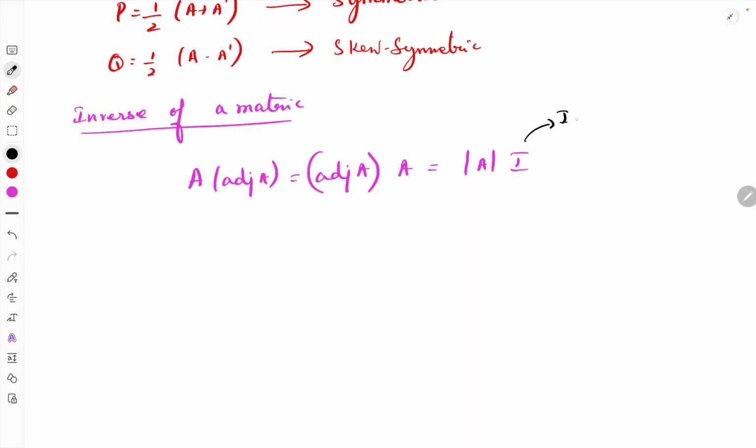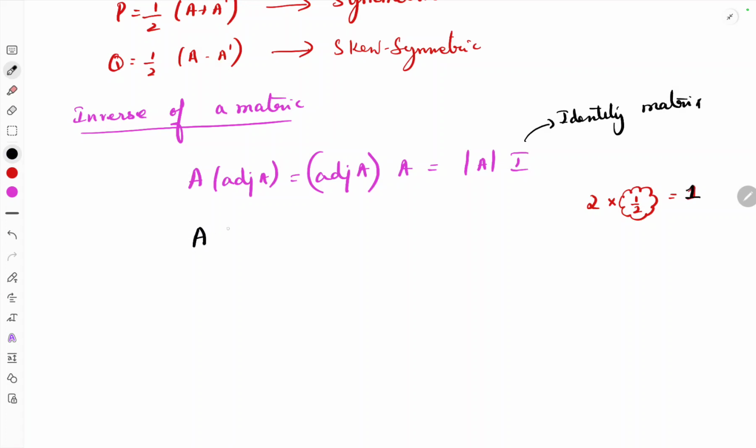This I is identity matrix. Now suppose in real number, if I take 2 into what number is equal to multiplicative identity, which is 1. So here I have to take the reciprocal, 1 by 2. And same thing here in matrix, this 1 is nothing but identity matrix.